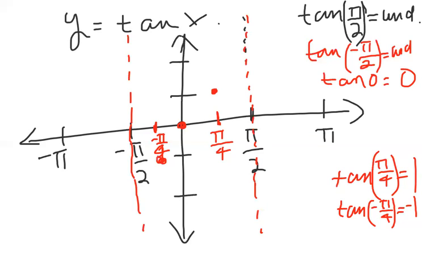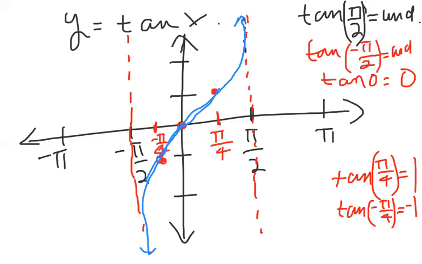So guys, we now have sufficient information to be able to graph the tangent function. Now remember, we have the asymptotes. The graph gets closer and closer to the asymptotes, but it will never touch them. So when you graph this, this is what the graph is going to look like. It gets closer and closer, a little bit squiggly there, but it will never get to the asymptote.